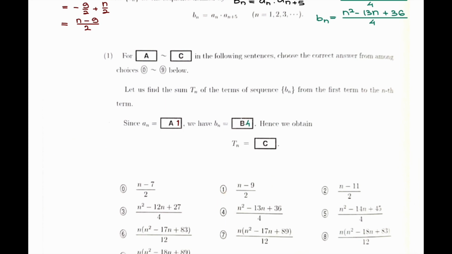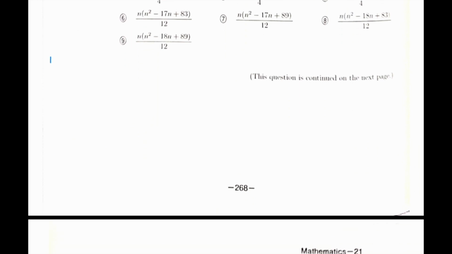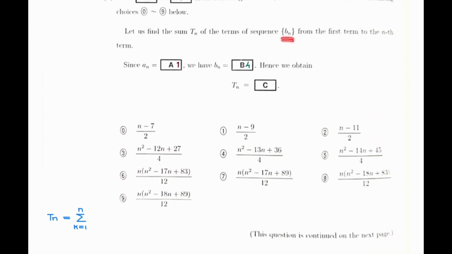After I got BN, I think we can find TN, because TN is the sum of the terms of sequence BN from the first until the nth term. I will write it down below here. Basically, TN is equal to the sum of the first n terms of BN.